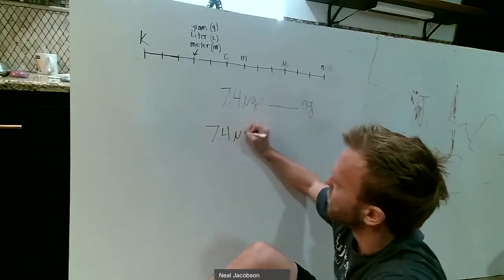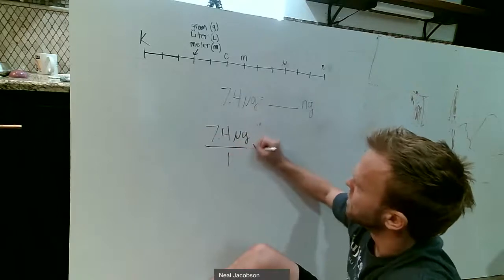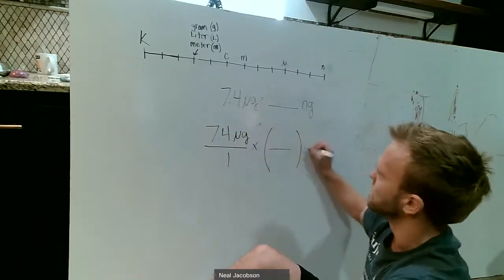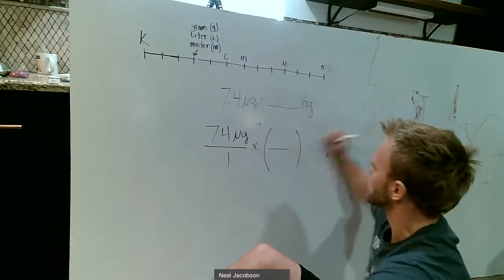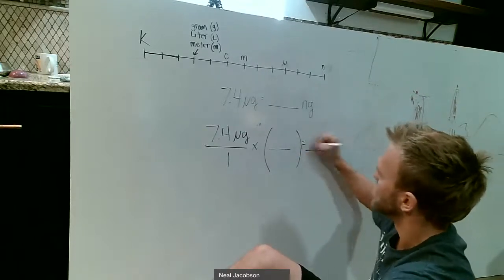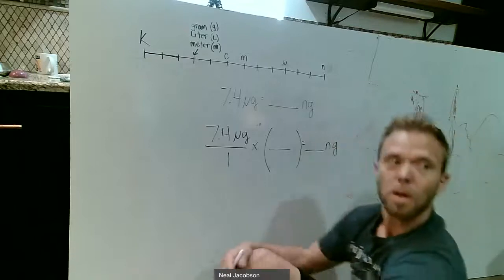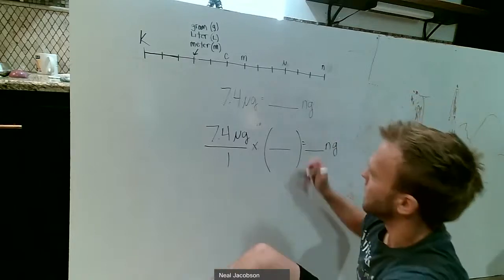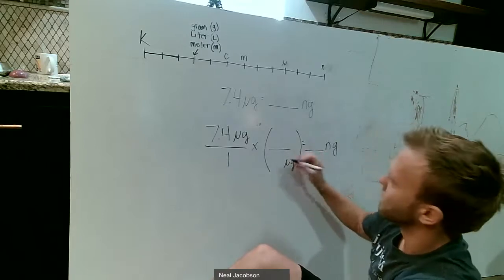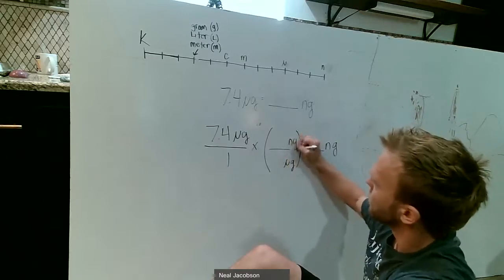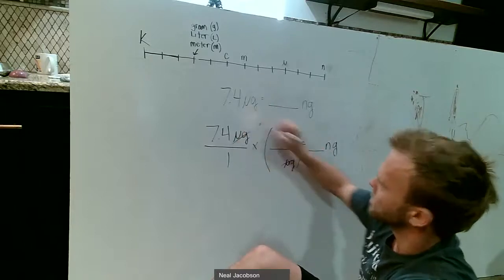7.4 micrograms. Do our conversion into nanograms. I didn't give myself a lot of space there. Equals nanograms. Okay. So we want to get rid of micrograms and we want to keep nanograms. So I'm going to cross those out.